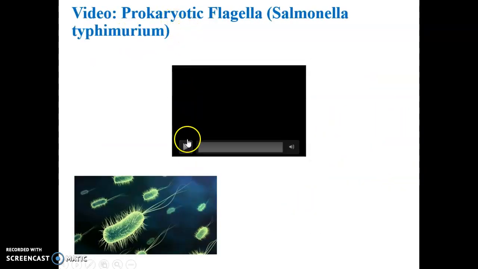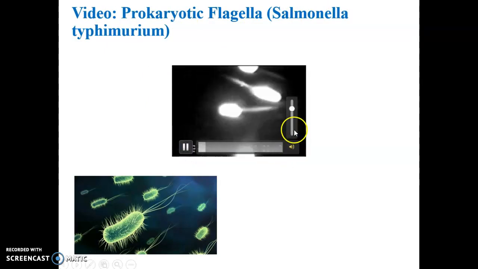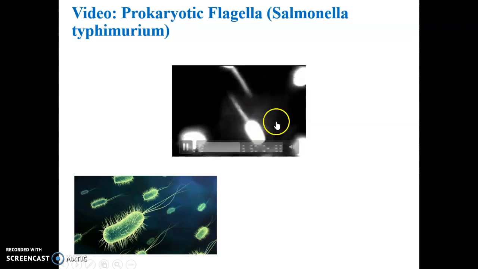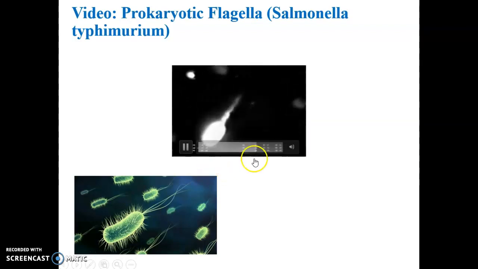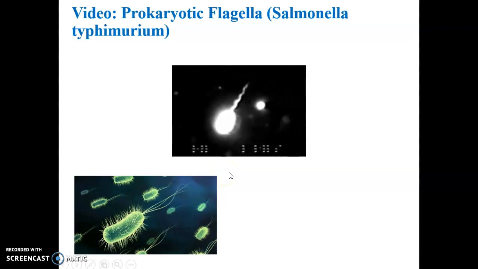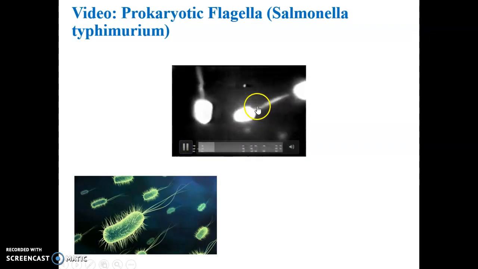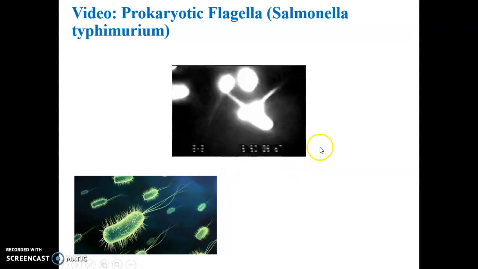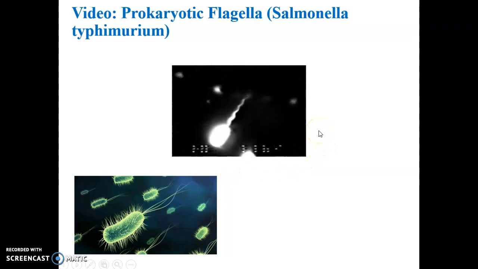So here's a little video of a typical prokaryotic cell that's flagellated. Don't worry about the genus or species name. And there's no narration here, but it's a pretty interesting video where they use special lighting where you can see the flagella moving and allowing the prokaryotic cell to zip around in an aqueous or watery environment.